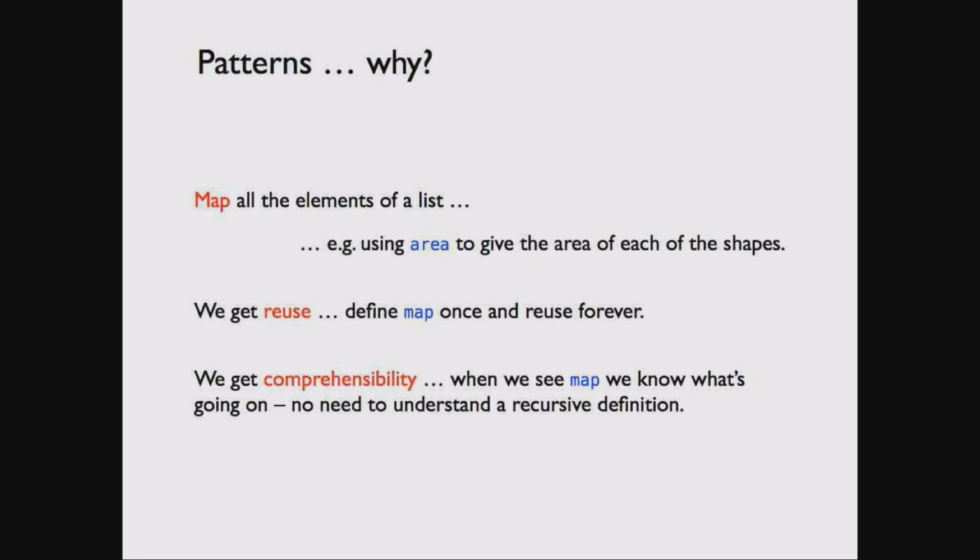There's nothing more to understand. And that is neat. So I think those are two. We get reuse, and of course reuse is something that every programmer likes, but also we get comprehensibility. So you understand your code when you come back to it in a few months' time, and somebody else reading your code will find it that much more understandable if you use that standard higher order function.